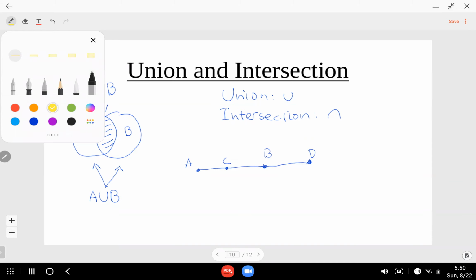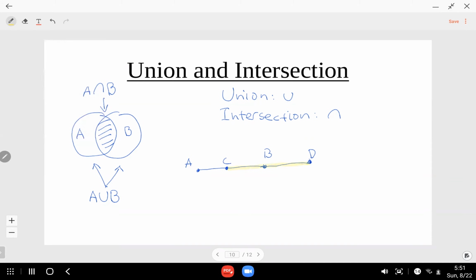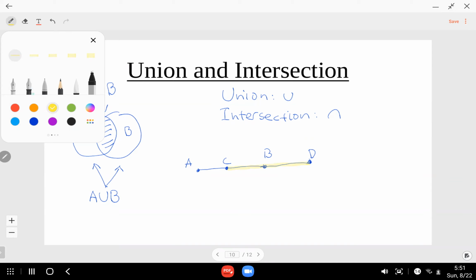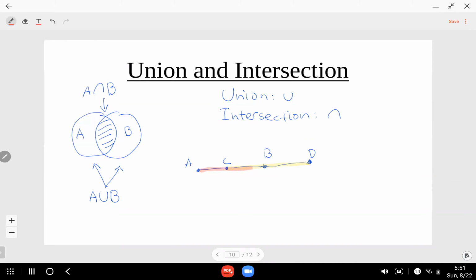You have segment CD, and you have segment AB. So you see these two segments. What is the intersection? The intersection would be CB because that is what they have in common.